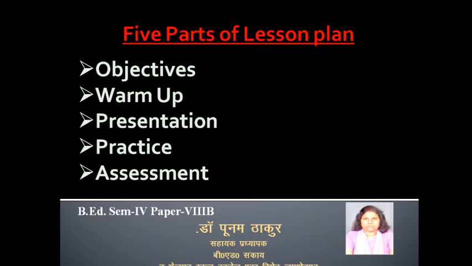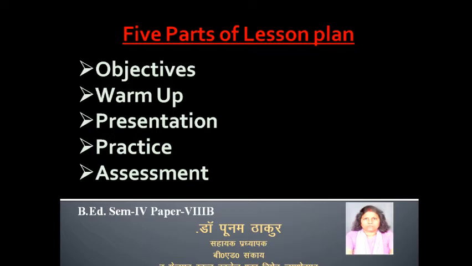Write what you expect your students will do by the end of the lesson. For example, by the end of the lesson, students will be able to pronounce, identify, put words in sentences, change into passive, compare, answer, use, match, etc.